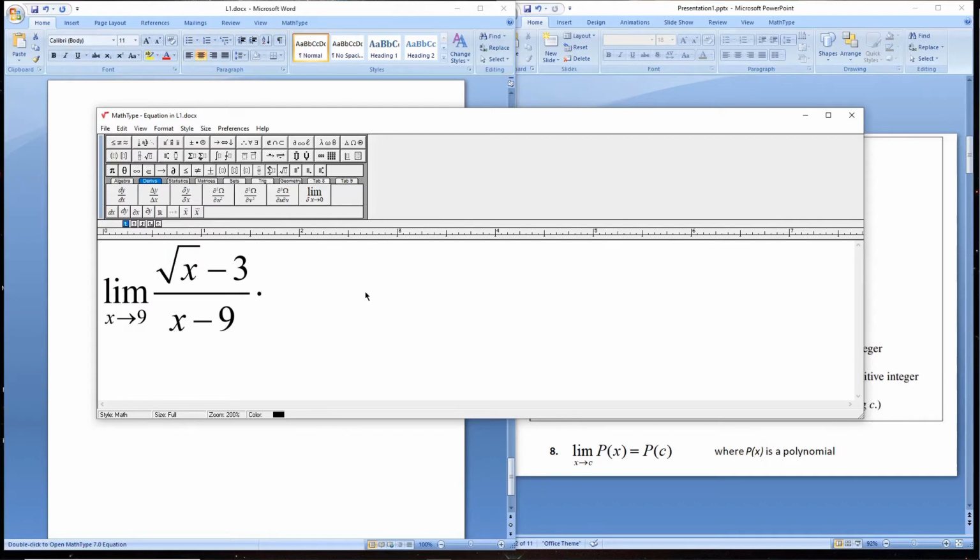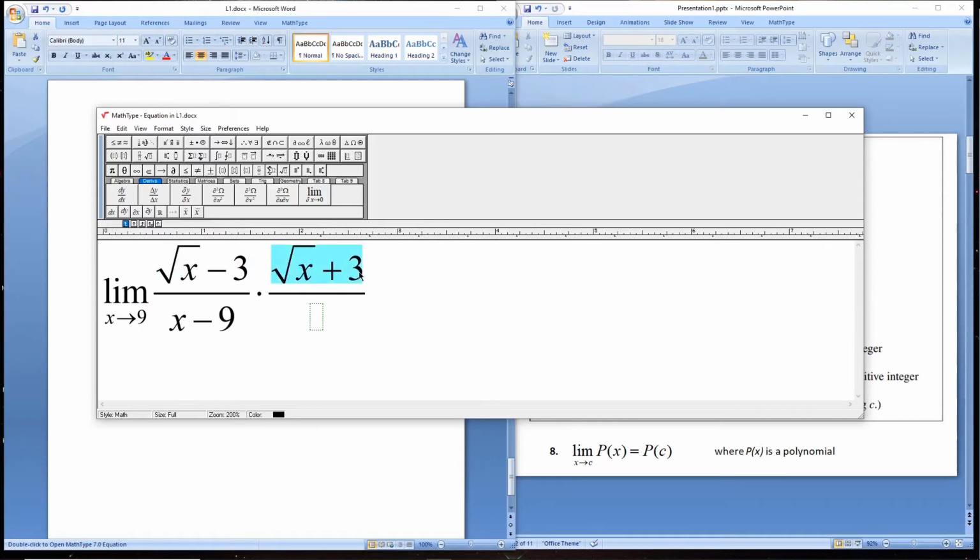And the answer to that is the conjugate. Now, if that's new to you, the conjugate simply means switching the sign between the terms. So the conjugate of square root of x minus 3, the conjugate here is just switching the sign.